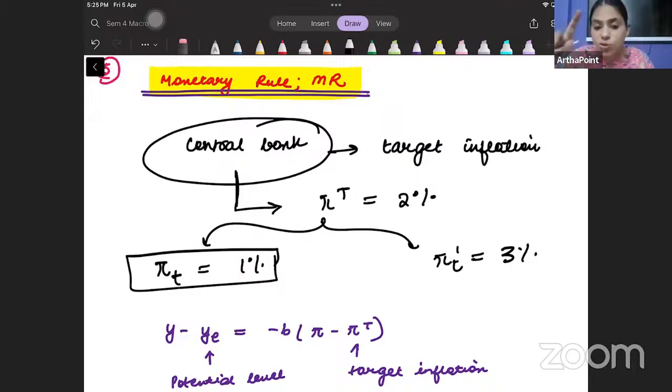So your actual inflation can deviate from the target inflation.